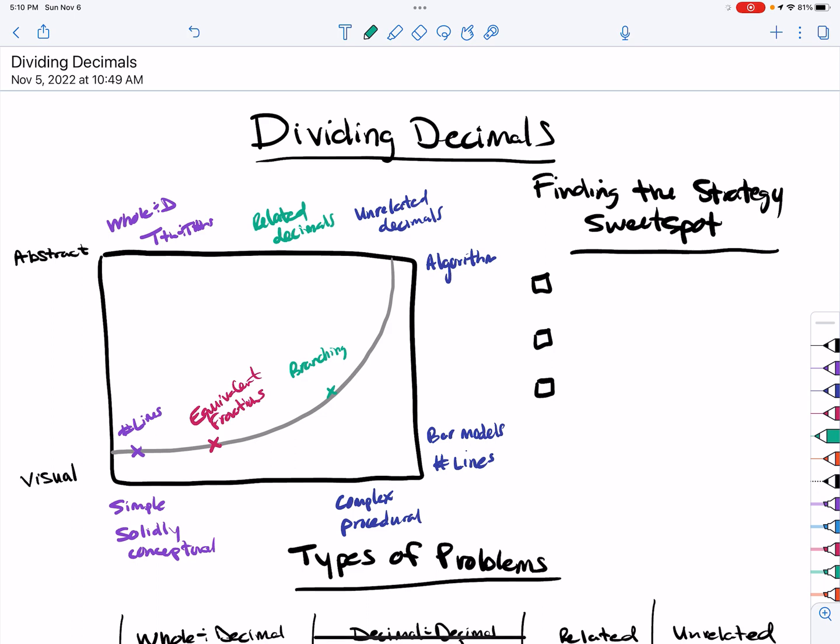And then finally, we will get to the end here where we are going to get into long division. Like it or not, it can be the most efficient strategy given the correct problem.